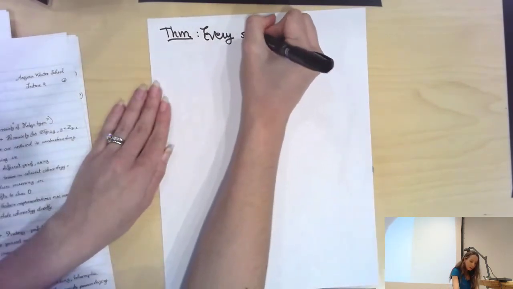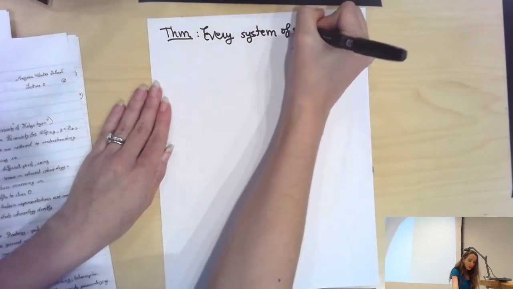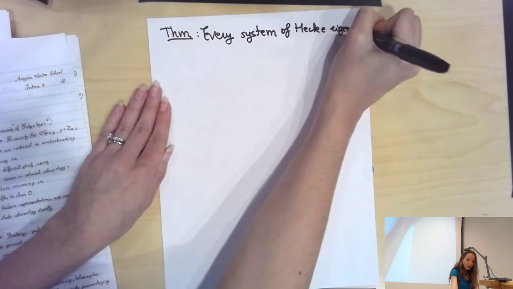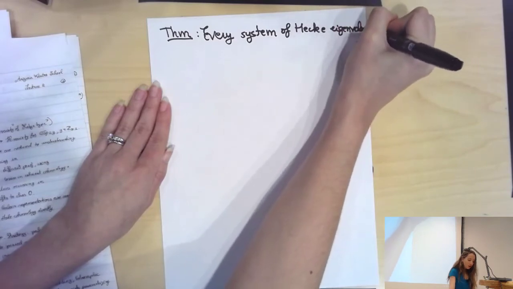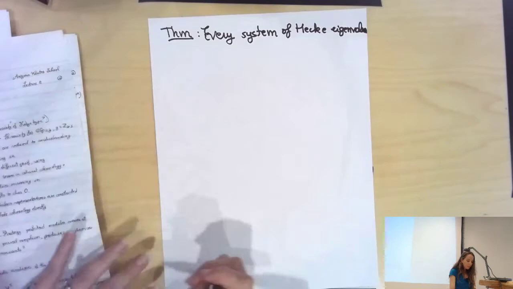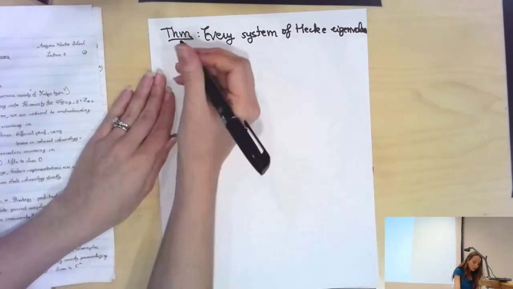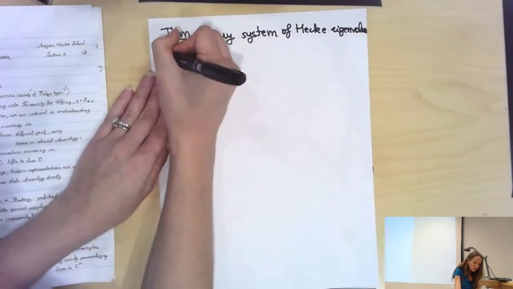So every system of Hecke eigenvalues, another thing you might remember from last time is, right, we don't want to understand all classes. We just want to understand simultaneous eigenvectors for all the Hecke operators, maybe generalized eigenvectors.